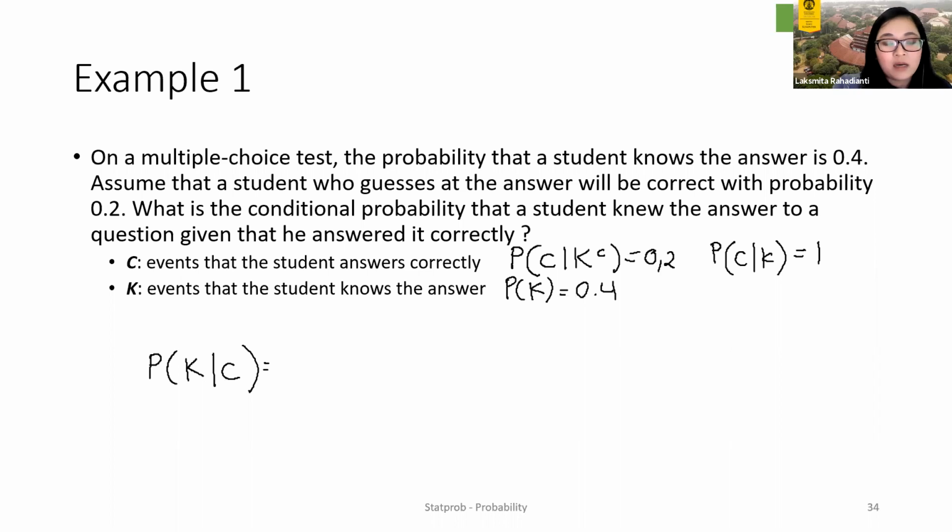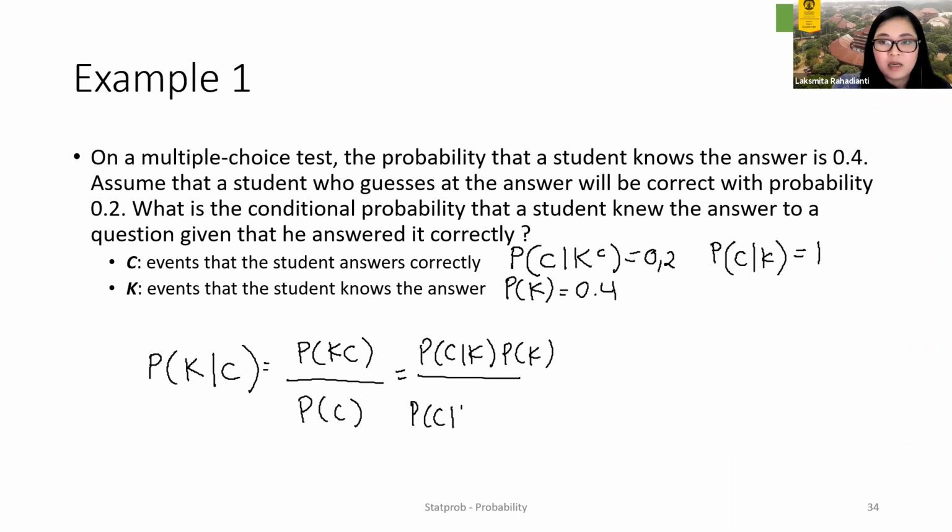So here I'm computing the posterior probability of K given C. So I'm going to write how we're going to compute it. P(K and C), sorry, not given, K and C. And P(C), which we already derived previously as P(C given K) P(K) plus P(C given not K) P(not K).